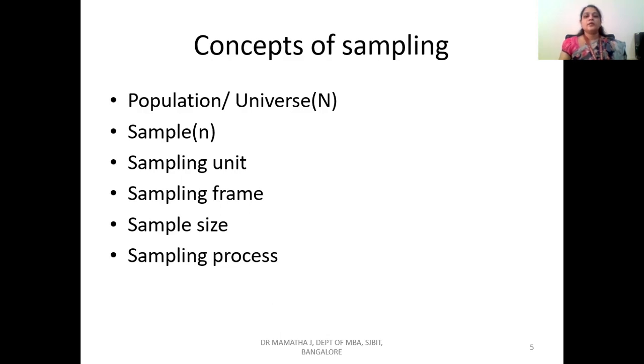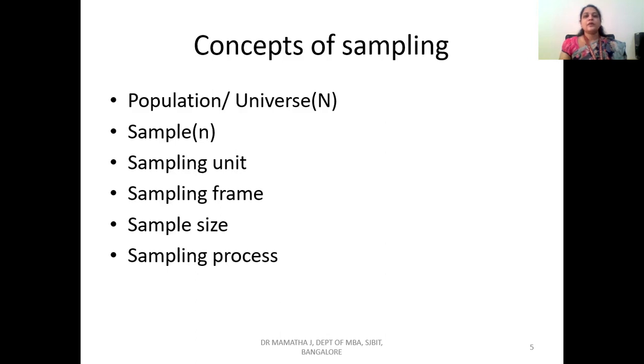Then coming to the sampling unit. Before selecting the sample, you will be deciding about the sampling unit. A sampling unit is nothing but a geographical one. If you're classifying the students based on universities, then universities will become your sampling unit. If you are classifying households, then each household will become a sampling unit.